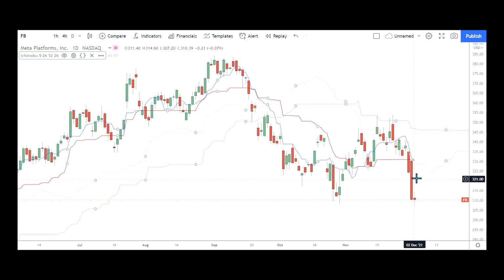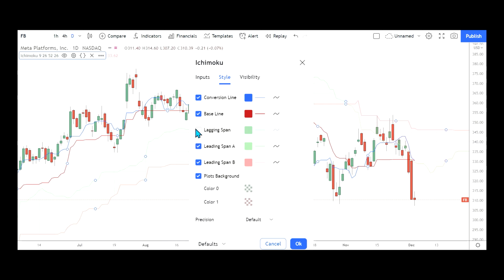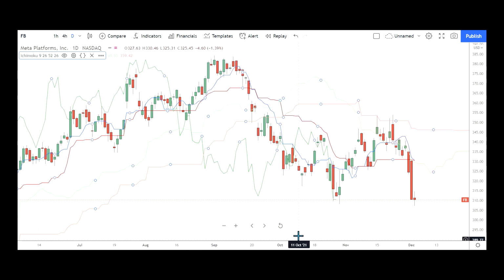Now the other thing that we need to look for is when the blue line crosses the red line here, and you can see that it's right at the intersection just right now. So if the next day we see this cross below it, then that basically signals a sell entry. Now to also confirm this, we are also going to add the lagging span, which is kind of like a confirmation.